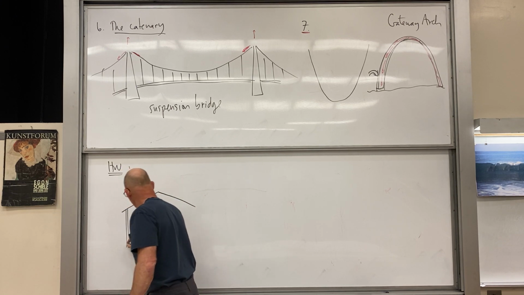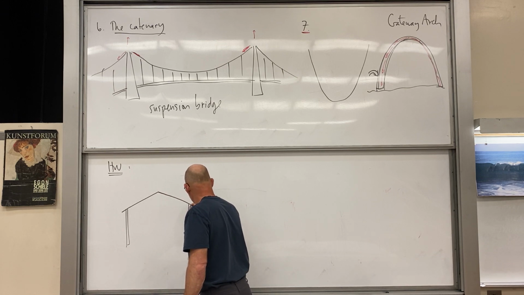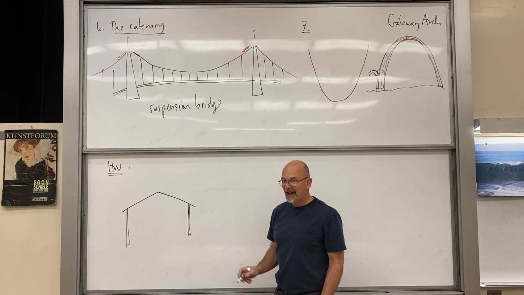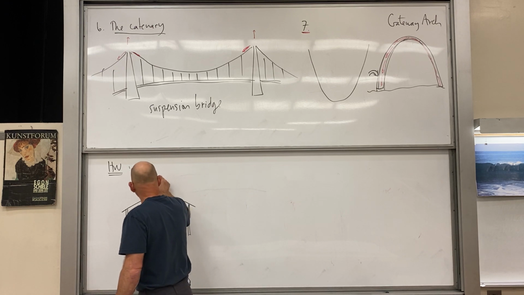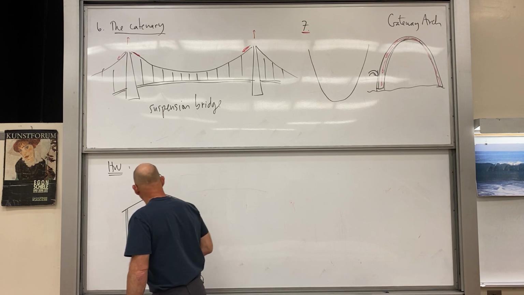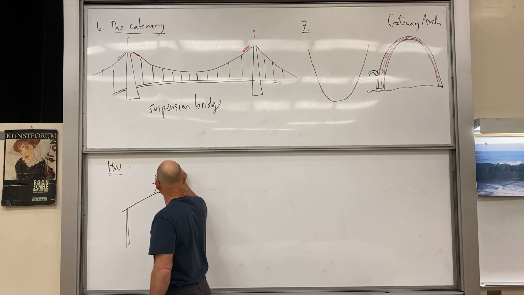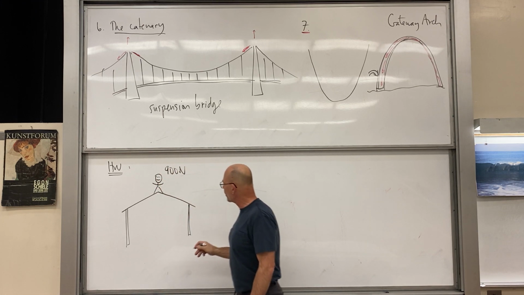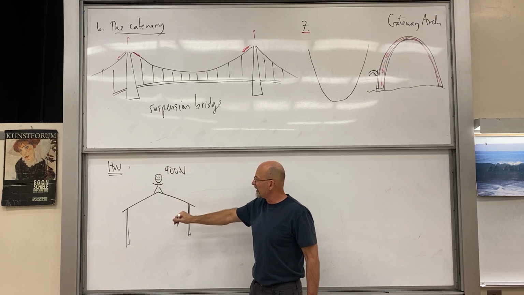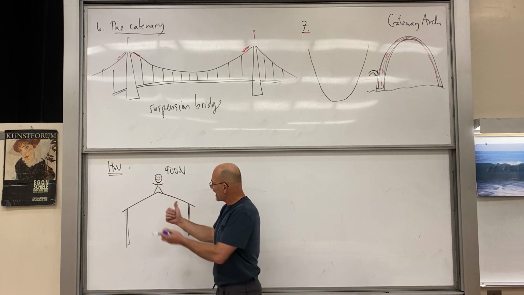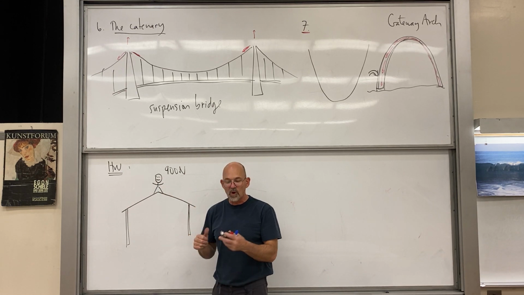And here are some walls of the house. And I'm going to stand up here. I'm going to weigh 900 newtons. We're going to ignore the weight of these beams. We're going to say it's all my weight that is doing what? It's pressing down, it's pushing out, it's pushing these walls apart.